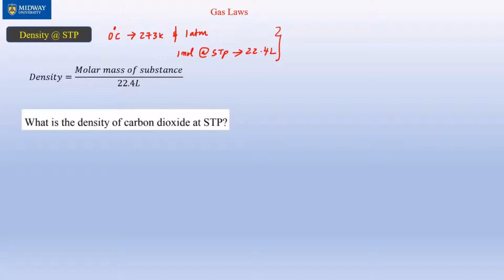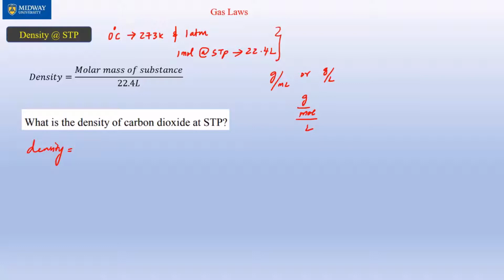So what is the density of carbon dioxide at STP? Density equals molar mass, which is grams over mole. Now you could ask me, hey, density is grams over mL or grams over liter. But molar mass has grams over mole, and if you divide that by liter, what happens to the mole?